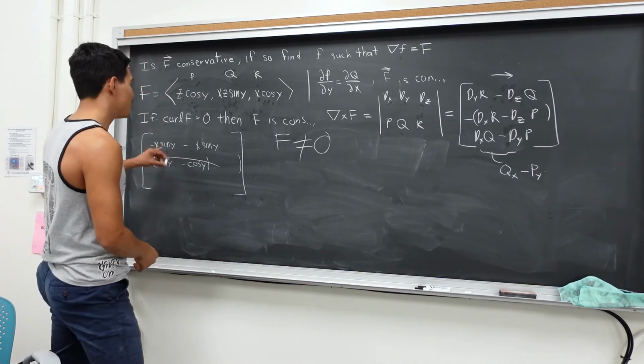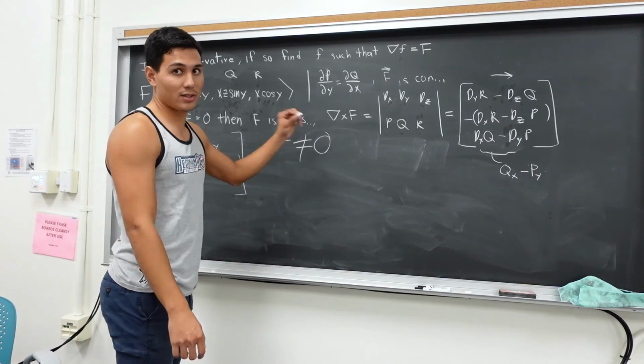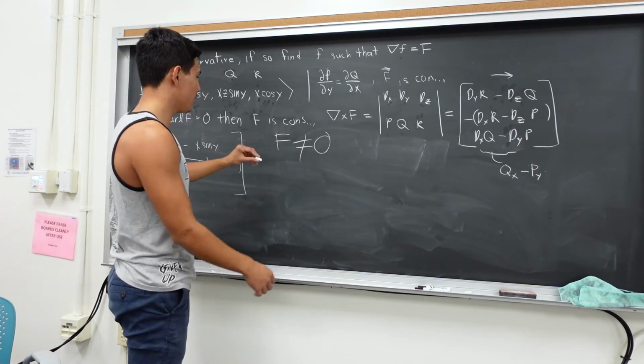So we could actually stop there. We should stop there. If curl F is not equal to 0, then F is not conservative. Then the field is not conservative. Right?